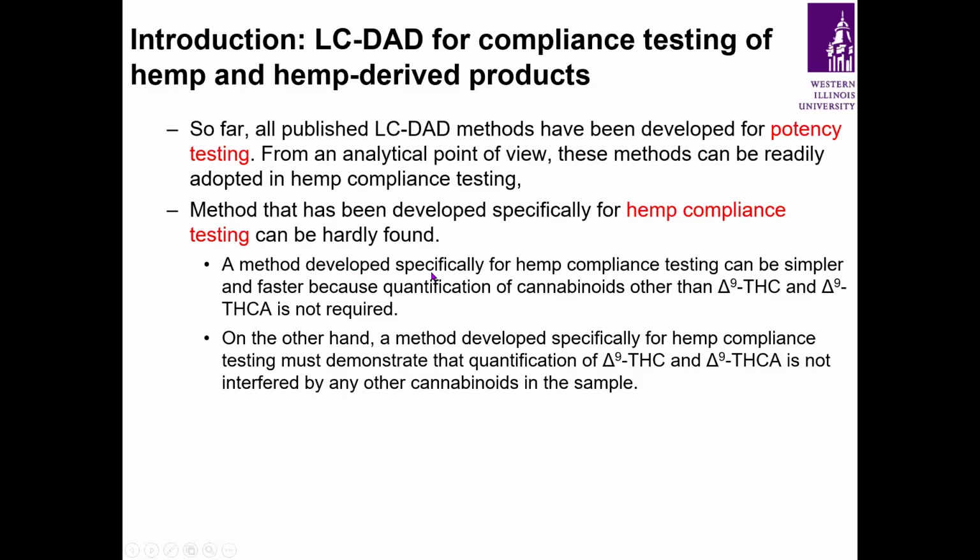A method developed specifically for hemp compliance testing can be simpler and faster because quantification of cannabinoids other than delta-9 THC and delta-9 THCA is not required. On the other hand, such a method must demonstrate that quantification of delta-9 THC and delta-9 THCA is not interfered with by any other cannabinoids in the sample.